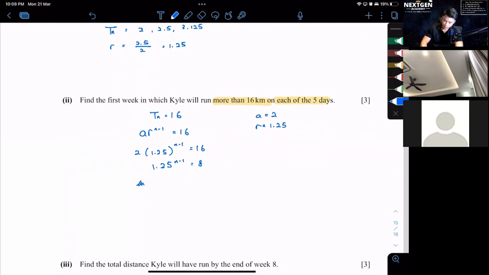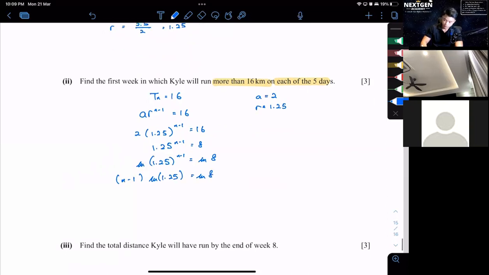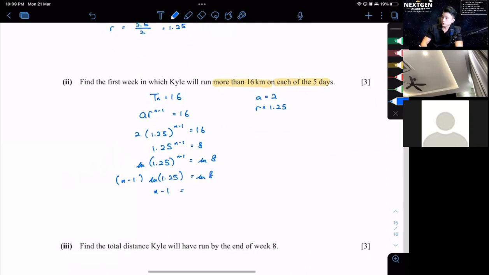Put ln on both sides, or log also can, you will get the same answer. n minus 1 times ln 1.25 equals ln 8. Then n minus 1, you just divide, this will be 9.32. n equals 10.32.